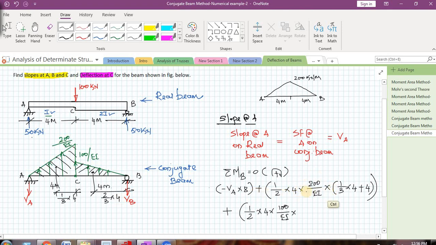So write here two-thirds of 4. No other load is there, so equate it to 0.